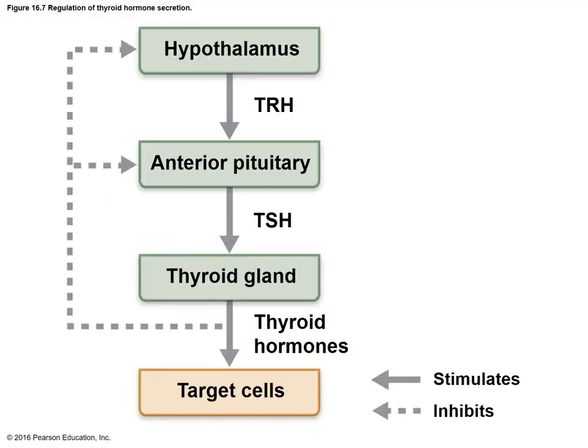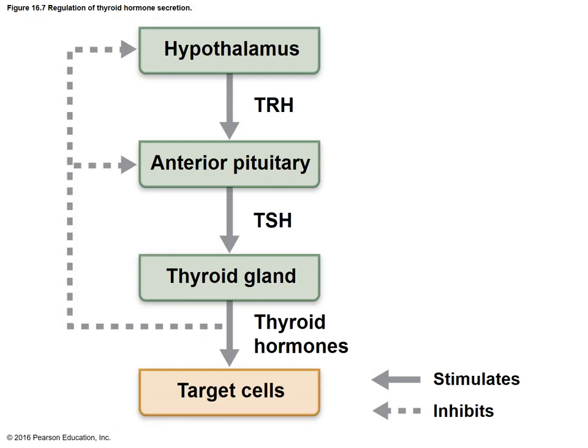And here is a diagram showing the regulation of it. You have the hypothalamus that is going to stimulate the release of thyroid releasing hormone, which acts on the anterior pituitary. And it's another example of that cascade process that I've talked about previously, where you don't have just one stimulus that turns on the gland to release the hormone.